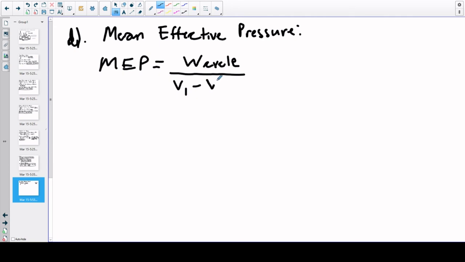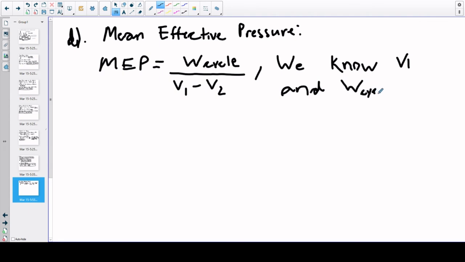Okay. So mean effective pressure is work cycle over volume 1 minus volume 2. So this is basically just the mean pressure of the cycle, I guess you could say. I'm not really sure exactly what it is denoted by, I'd have to look that up.